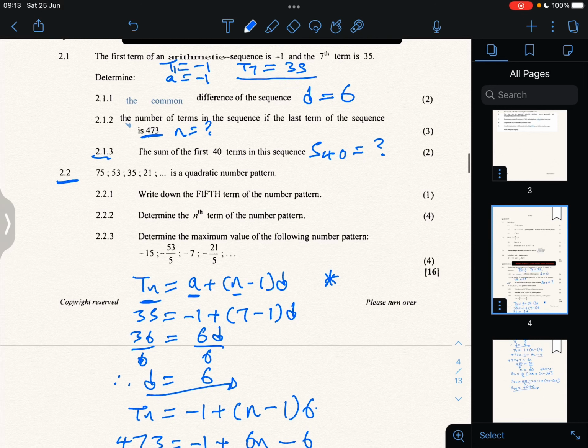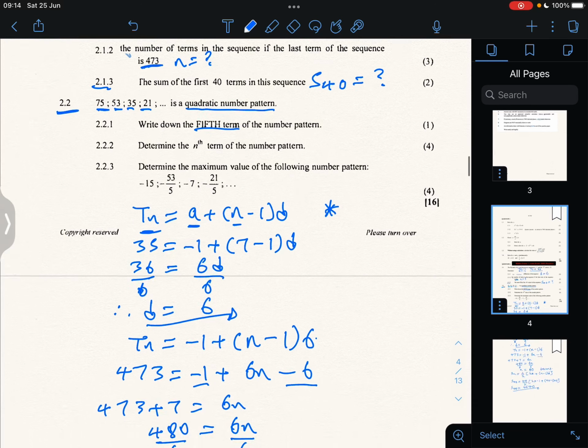Question 2.2 says, we're given this sequence here, 75, 53, 35, and 21. It is a quadratic number pattern. The first question: write down the fifth term of the number pattern.